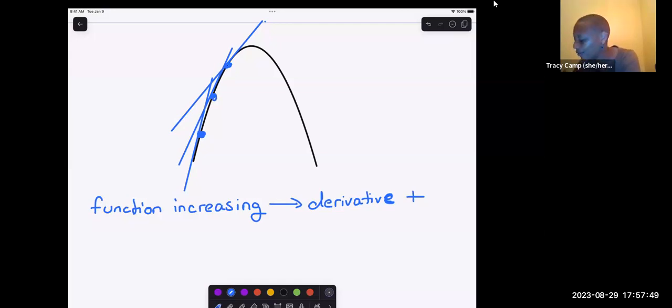Now I'm going to draw some tangent lines on the other side of the curve where the curve is decreasing. These points that I'm marking in green, at these points the curve is decreasing. And notice the tangent lines that I draw are also decreasing at these points, at least as well as I can draw them.